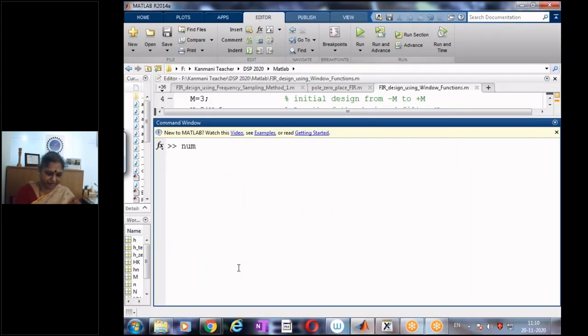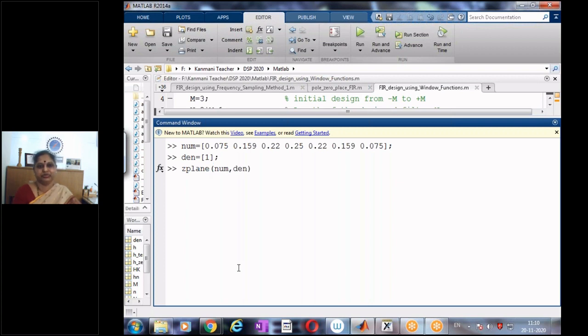So we have the numerator polynomial as 0.075, 0.159, 0.22, 0.25, then 0.22, 0.159, and 0.075. This is my numerator and my denominator is 1. So to get the pole zero plot, we have an inbuilt MATLAB command wherein we key in the numerator and denominator polynomials, and it will give me the pole zero plot.